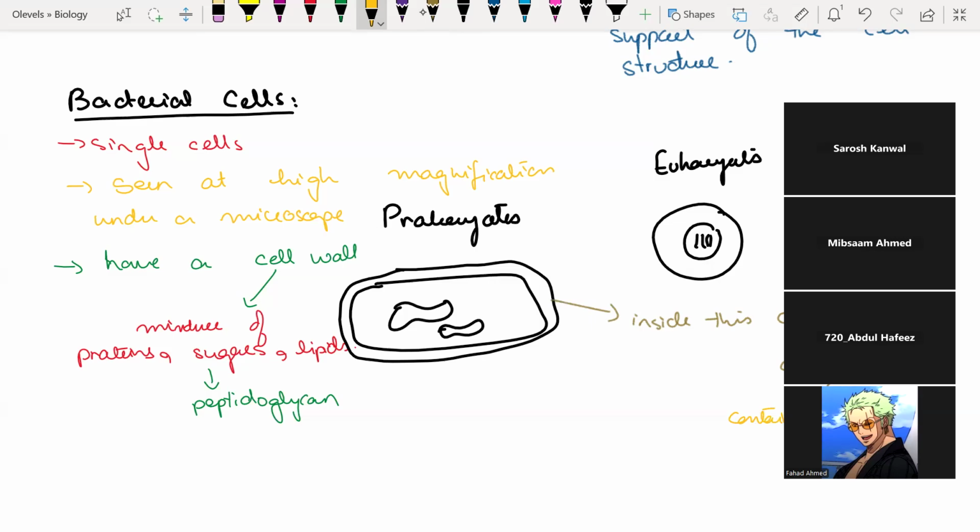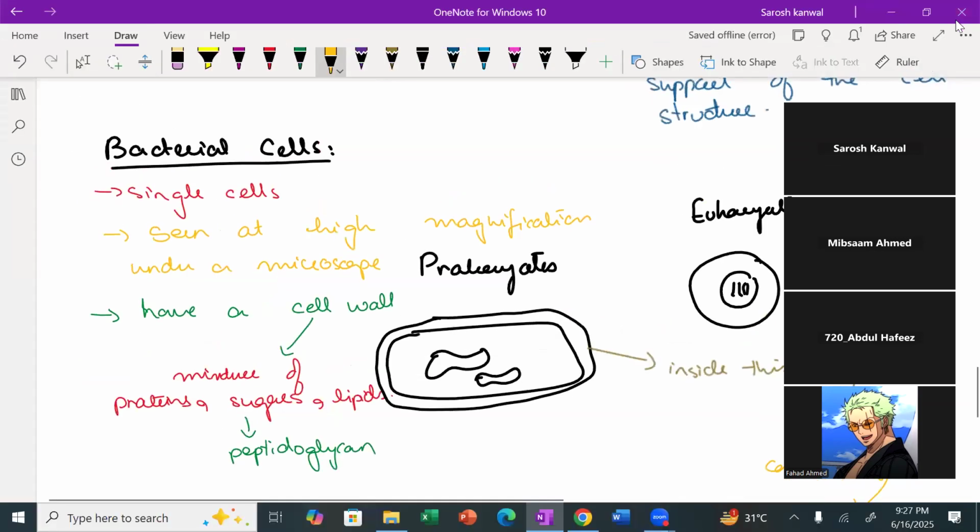These granules are of either glycogen, lipid, or other food reserves. All right, children. Yes, miss. Yes, ma'am.